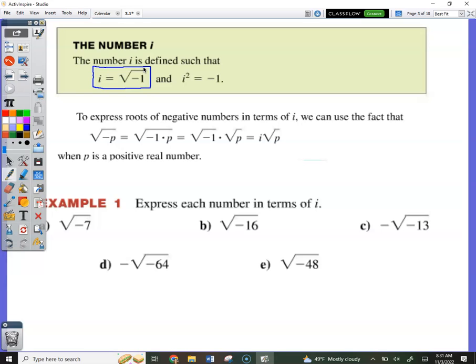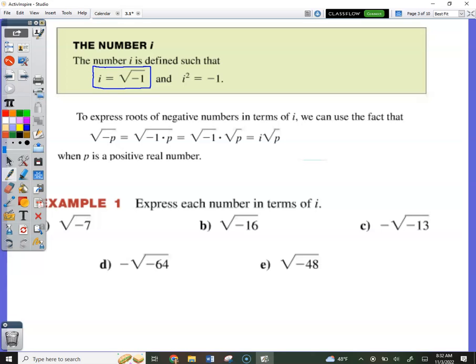All right, now take that equation. i equals the square root of negative 1. In math with equations, you can do whatever you want to them as long as you do it to both sides. So if I wanted to get rid of that radical, the opposite of square rooting is squaring.